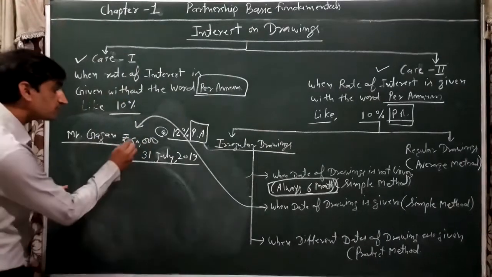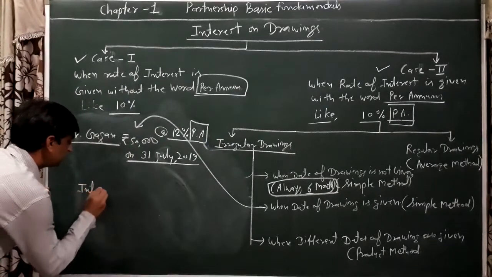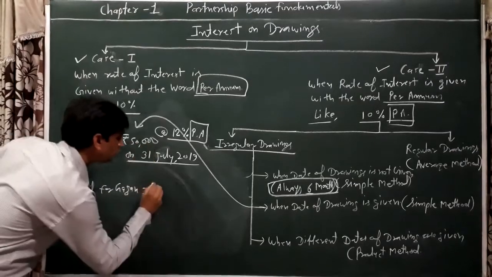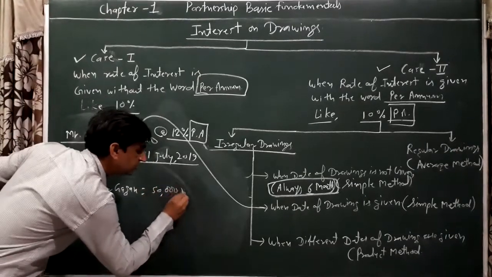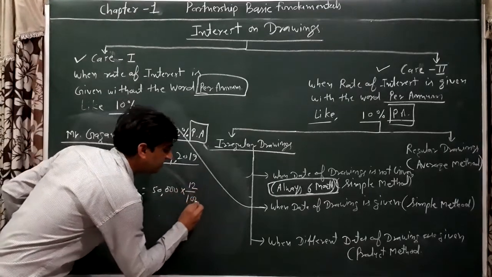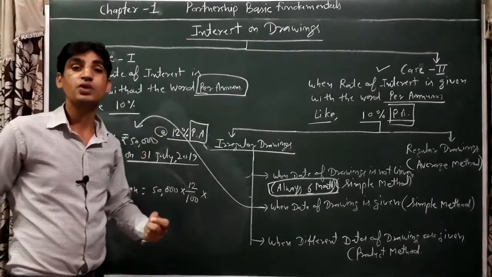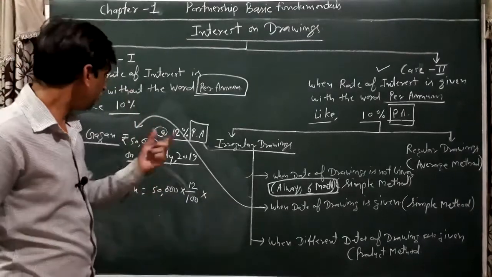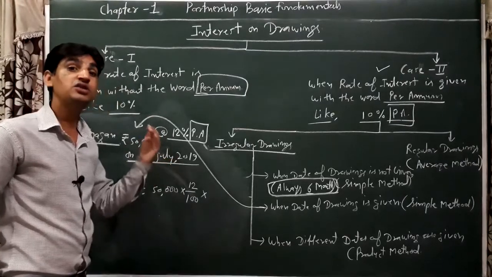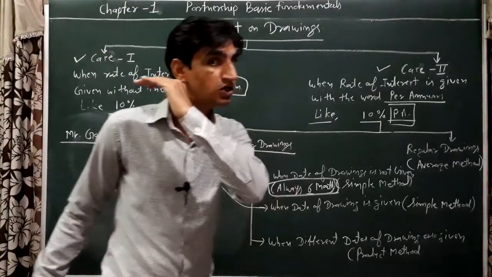So here interest for Gagan will be the drawing amount, rupees 50,000. Is it clear? The rate of interest 12 upon 100 is given in the question. How much time is the amount used by the firm for his personal use? He withdrew on July 31st 2019 and our session will be closed on 31st March 2020.